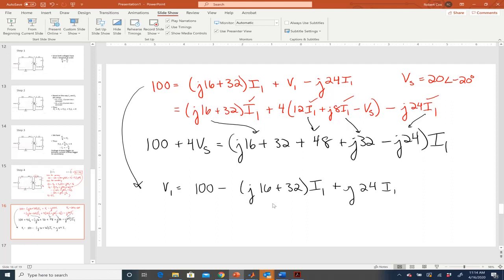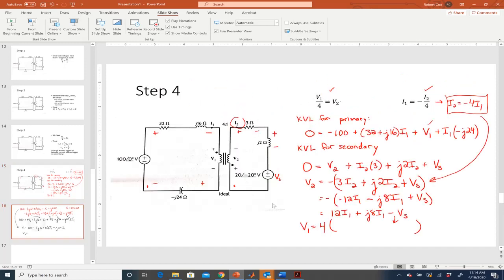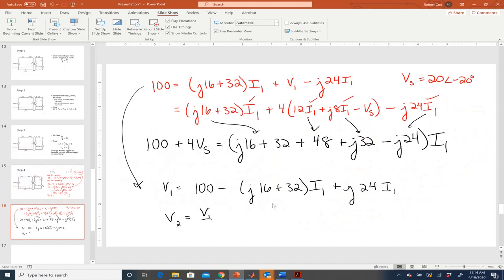And I can now solve for V1. Then I basically say V2 is equal to simply V1 over 4, and I2 is equal to simply negative 4 times I1, like so, okay?